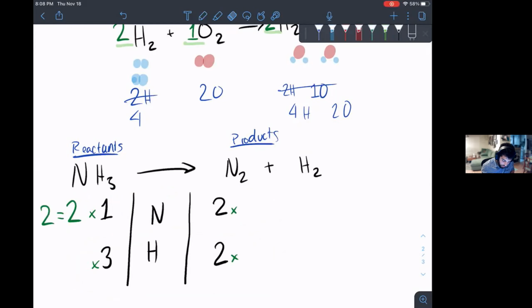So I actually don't have to multiply the right side by anything. So if I'm multiplying my nitrogen by 2, I need to find out where nitrogen is. And it's only in one possible place. Furthermore, I am now going to change my coefficient because I can't put a 2 there. That doesn't work. We've already talked about that. No subscript changes. But I can put a 2 here.